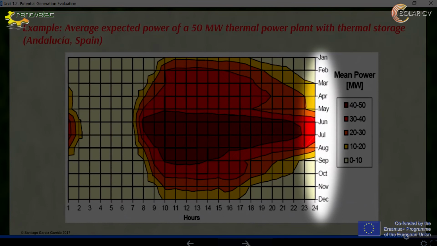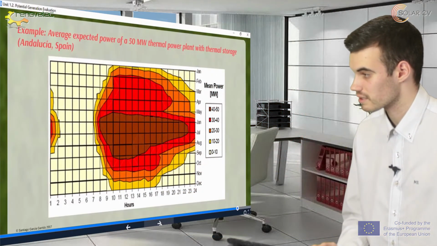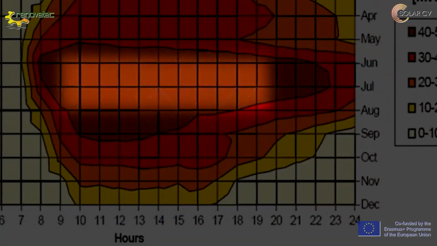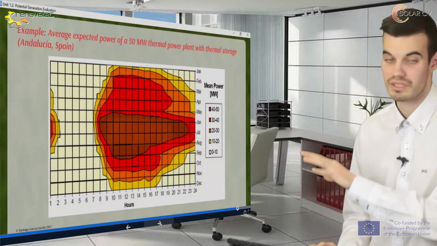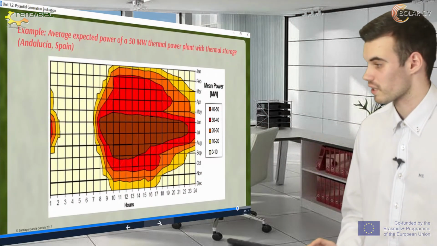And we can see that the highest power is produced from 8 p.m. to mainly 7 p.m. in June and July, because this picture has been developed for the Northern Hemisphere.